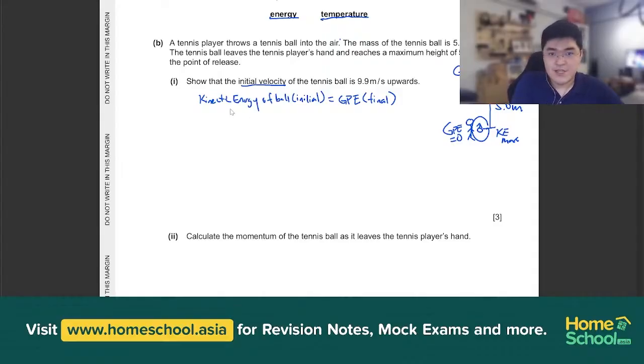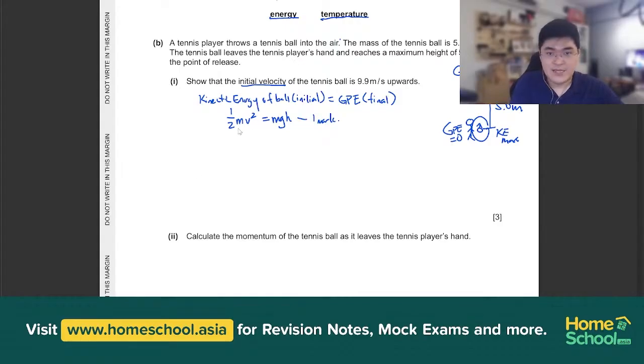So first we write half mv squared. This is KE, kinetic energy, half mv squared equals mgh, which is gravitational potential energy at final. And by just writing this, you get 1 mark already. Okay, so this is 1 mark.